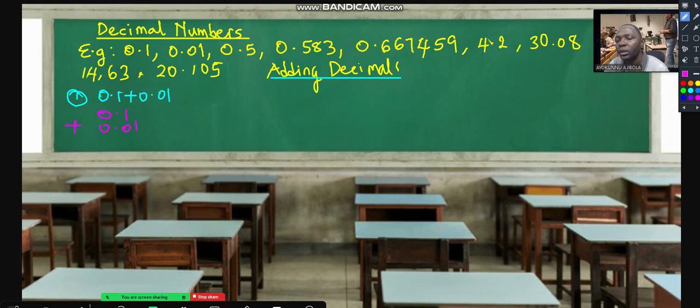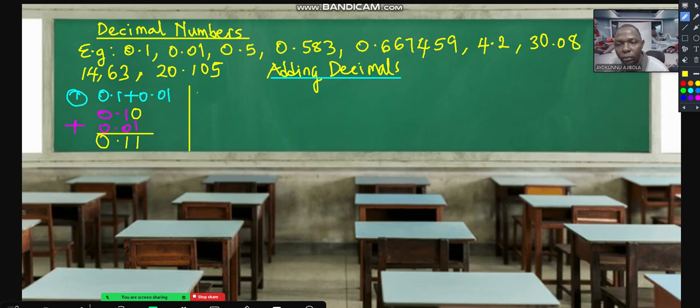Now you discover that the one above does not have 2 digits after the point, only 1 digit, but this has 2 digits. So you can replace it with 0. Then you add them together. This is 0 plus 1, and this is 1 plus 0. Then this is 0 plus 0. So your answer is 0.11.